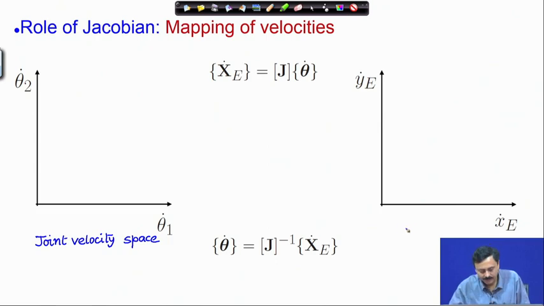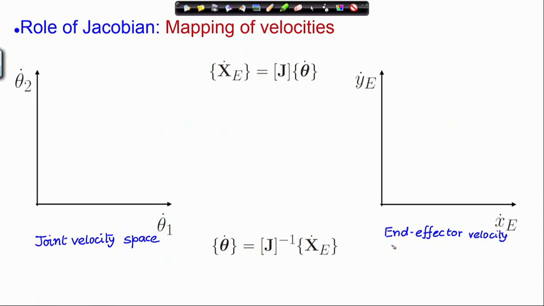On the right I have the end effector velocity space, having x e dot and y e dot on the axes. Now, this is just for visualization, it is not that theta 1 dot is orthogonal to theta 2 dot, but this is just for visualization. I have taken the Cartesian frame.